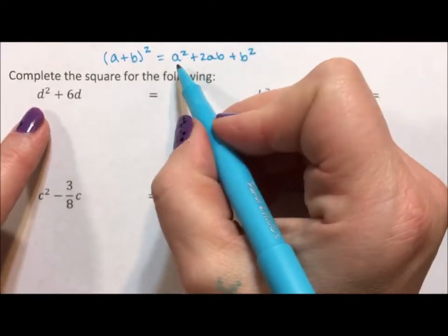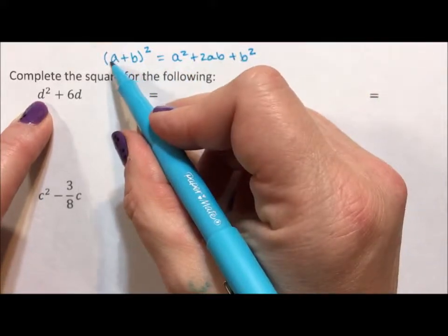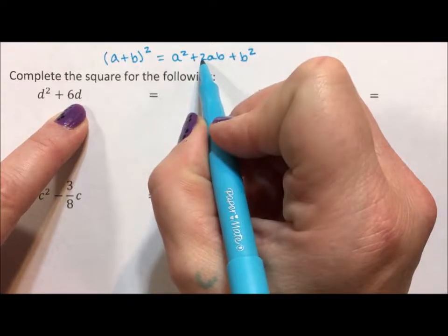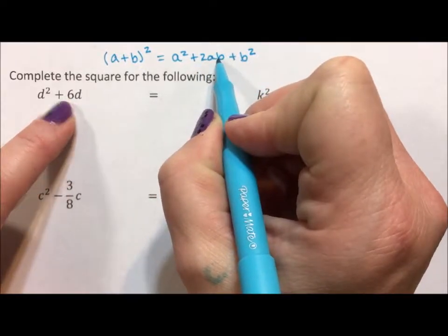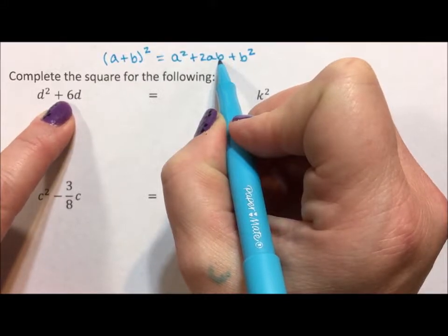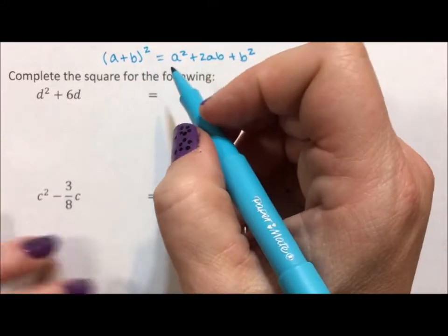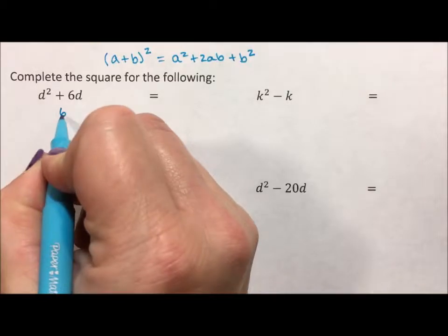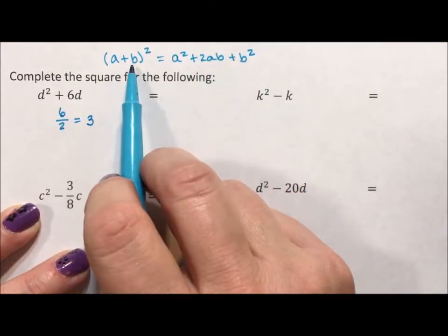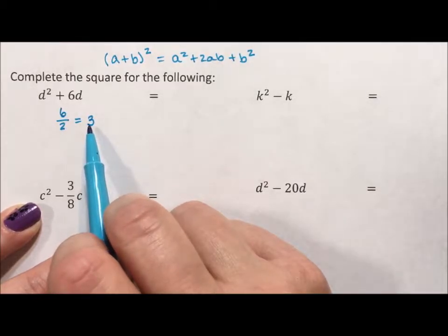So if I look at this question, the d is representing the a, which means that in 2db, the 6 has to be the 2 and the b, which means the 6 is twice b. So if I take that 6 and divide it in half, then I know that b is equal to 3.